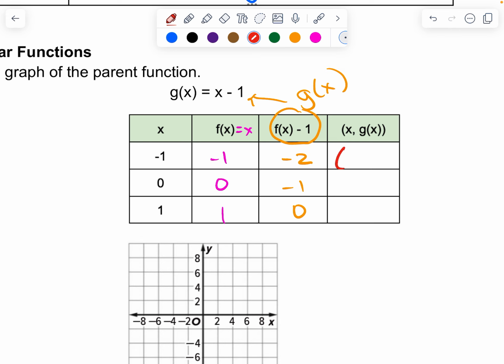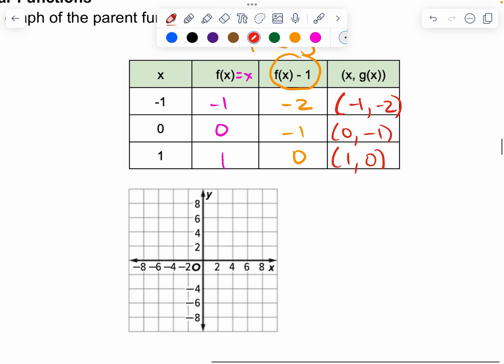So that's going to get me negative 1, negative 2, 0, negative 1, 1, 0. My original is always this, because whatever x is, y is. And this, I would have gone down 1.